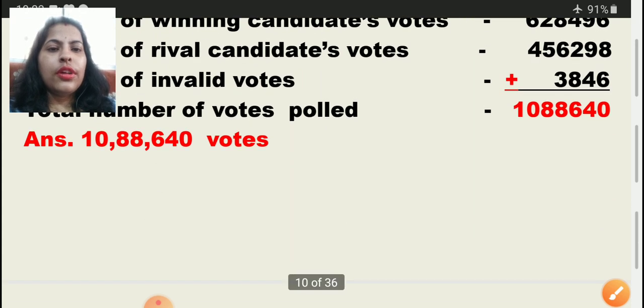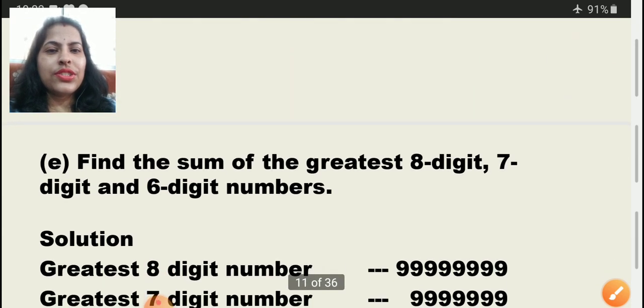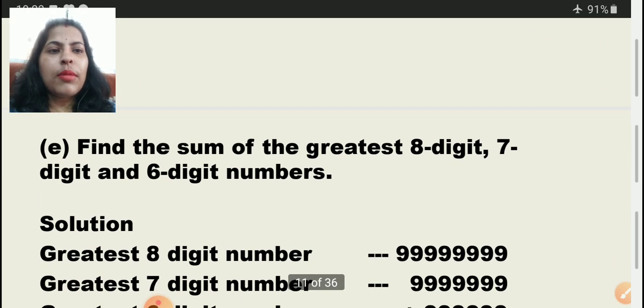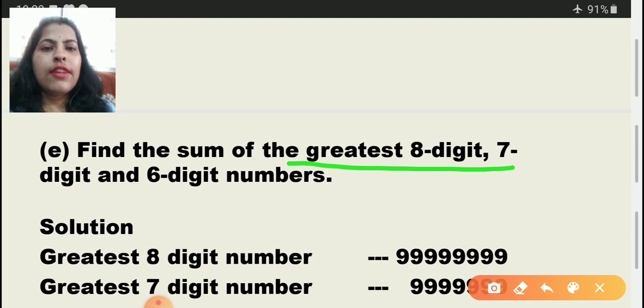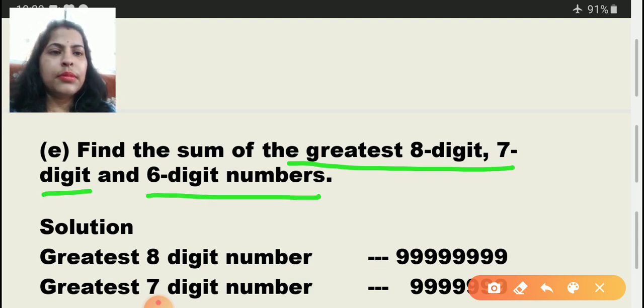Now we move to the last question of worksheet 2. Find the sum of the greatest 8 digit, 7 digit and 6 digit numbers. I hope you all know very well how to write the greatest number. Yes, by using the number 9.